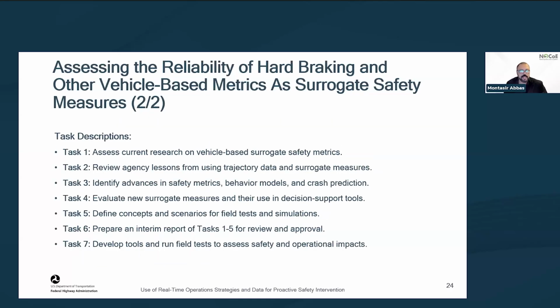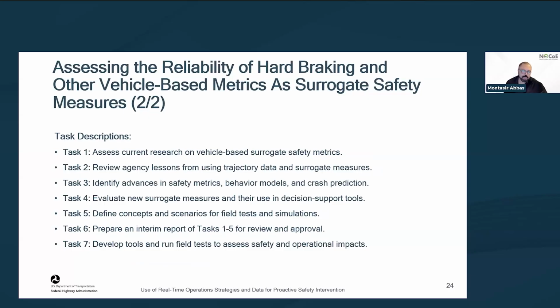I want to talk about the tasks a little bit. So the tasks include assessing current research, reviewing agency lessons from using trajectory data and surrogate measures, and identifying advances in safety metrics, behavior models, and crash prediction.